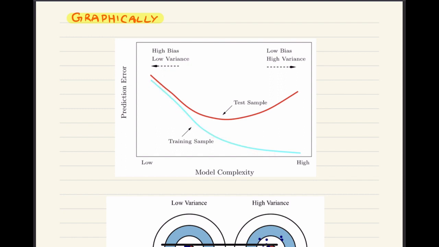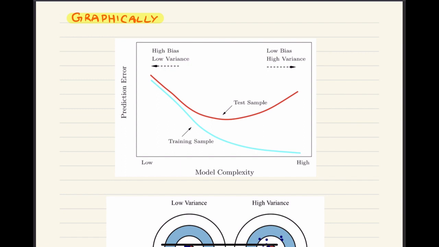For test samples, prediction error first tends to decrease and then increases gradually. When our model is low in complexity, prediction error is high because we have made simplistic assumptions. So this represents high bias and low variance. As we increase the model's complexity, variance tends to increase and bias tends to decrease.